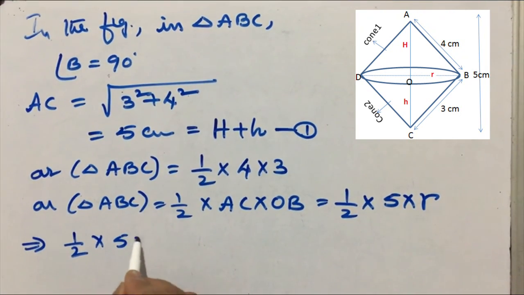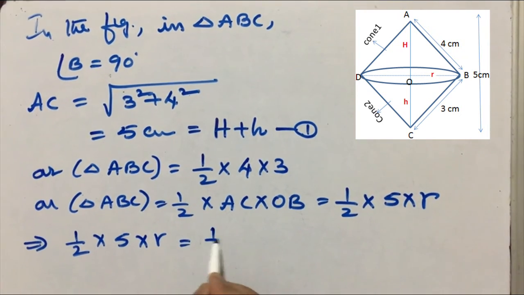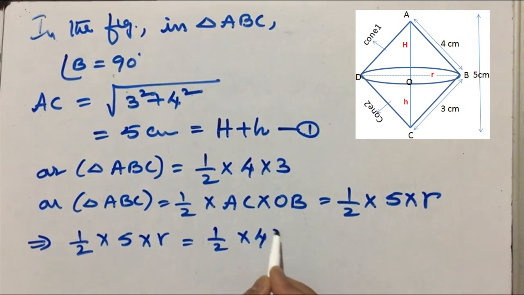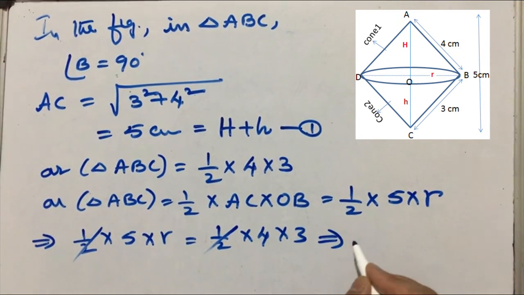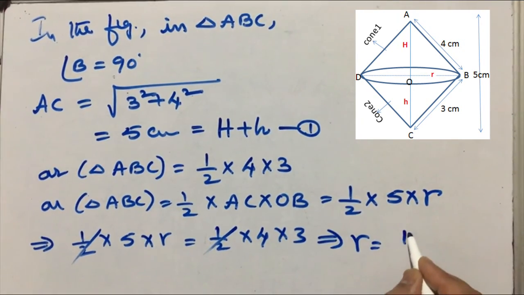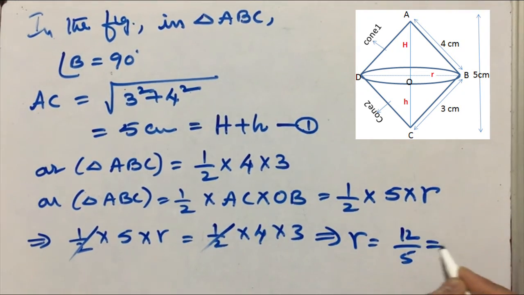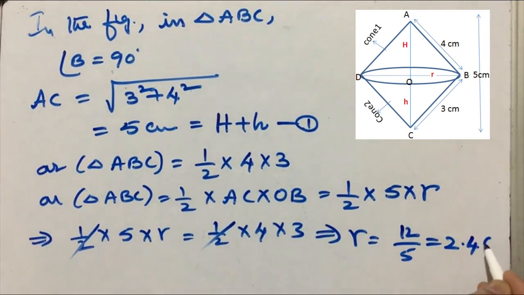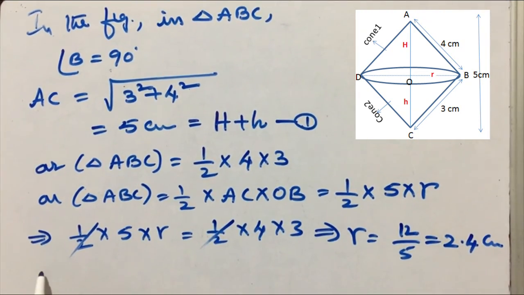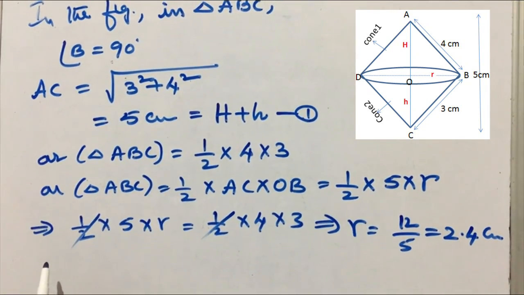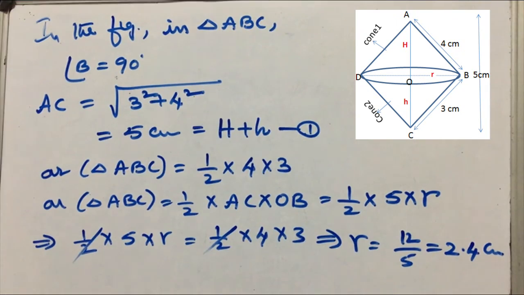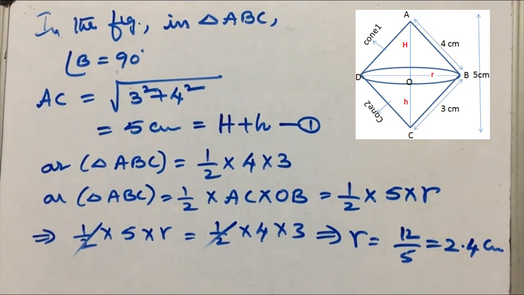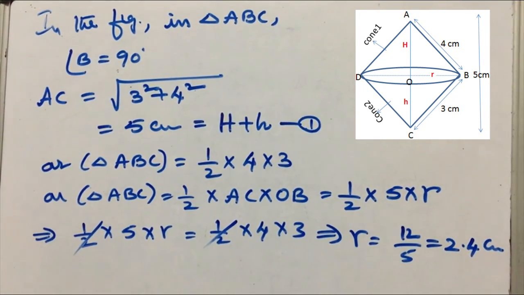Half into 5 into R is equal to half into 4 into 3. Half gets cancelled, and what is left is R equal to 12 by 5, which is 2.4 centimeters. Now you have to find the volume of the double cone so formed and also its total surface area.